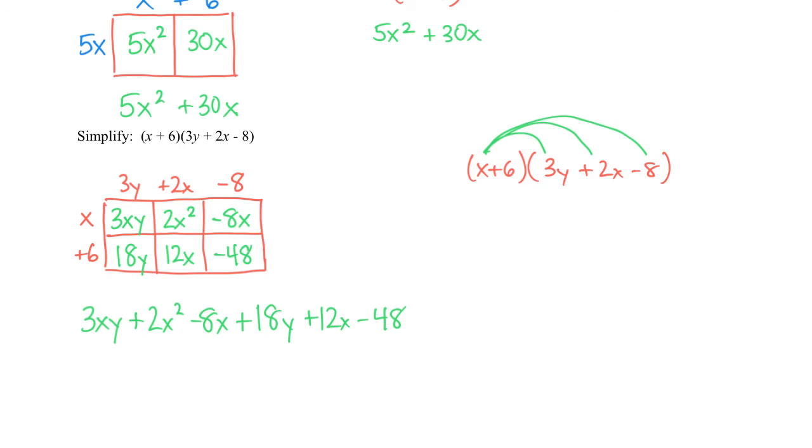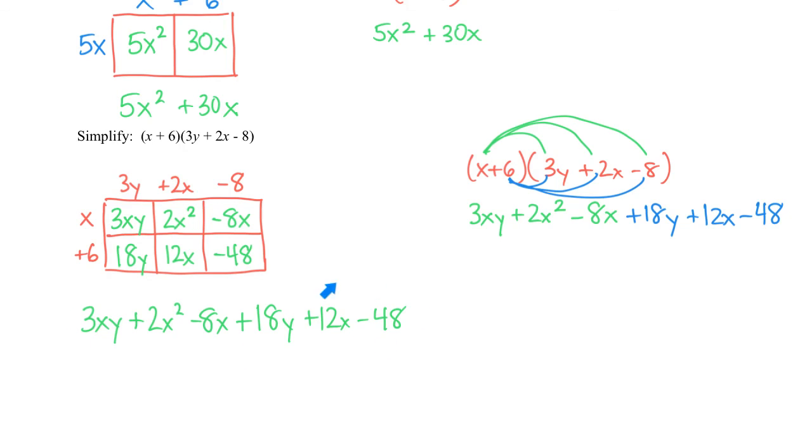So x times 3y is 3xy. X times 2x is plus 2x squared. And x times negative 8 is negative 8x. And then in the other color, I need to multiply 6 times everything inside. So 6 times 3y is plus 18y. 6 times 2x is plus 12x. And 6 times negative 8 is negative 48.